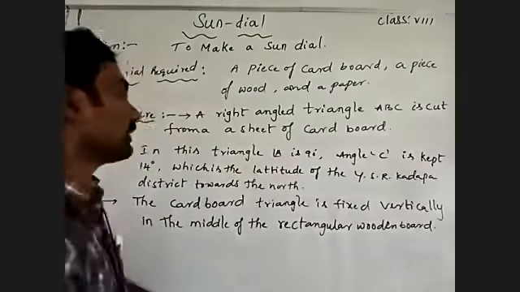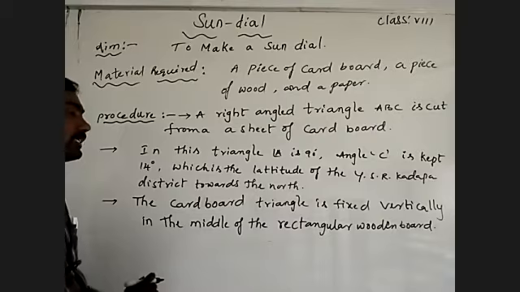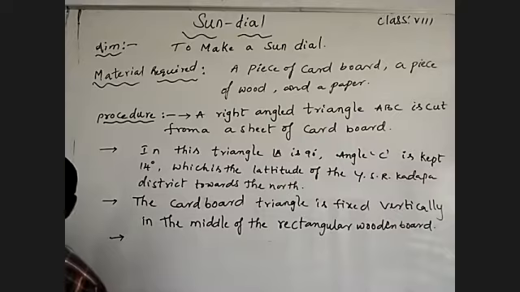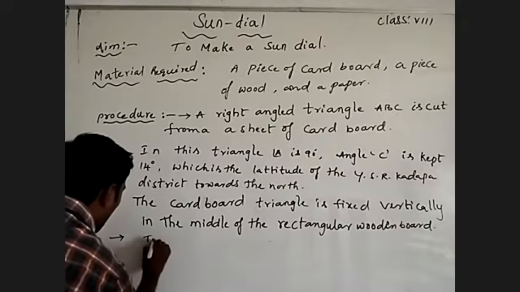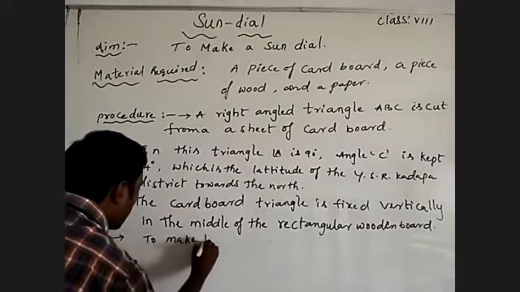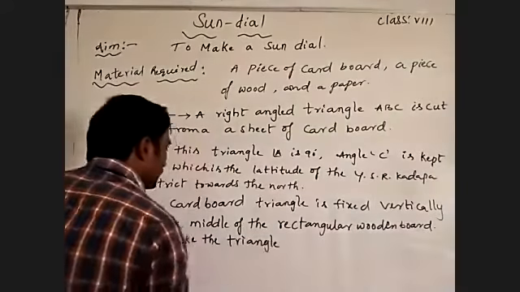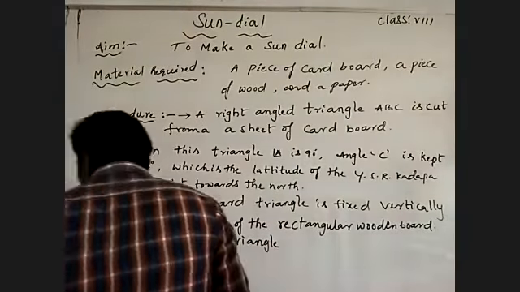You are placing the right angle triangle vertically on the wooden base. Then how do we make the triangle stand erect?